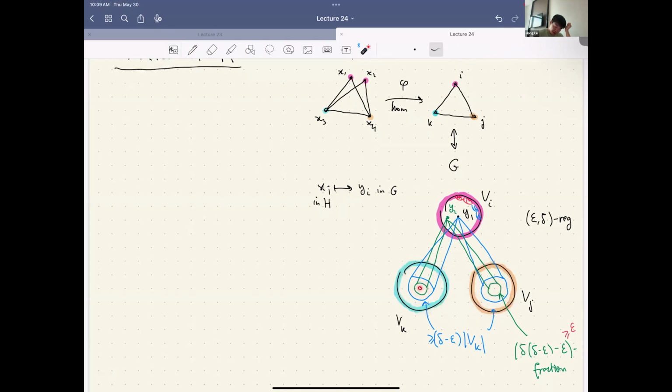So that means there are lots of edges in between this green pair. Finishing the proof, you can embed x3 and x4 to be the endpoints of some edge here.